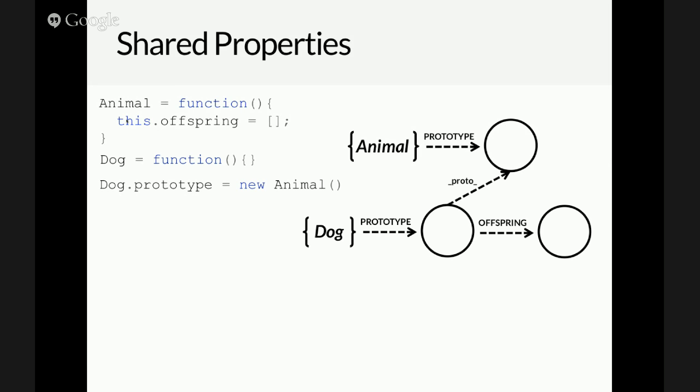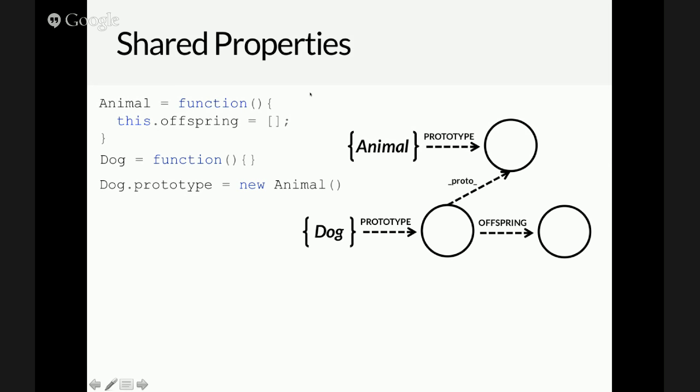Dog.prototype is just pointing to an object in memory currently. New animal is going to create a new object in memory with its proto pointed to the prototype of our constructor. So proto is going to point to animal.prototype. And it's going to invoke the constructor. So this is going to say this.offspring right here.